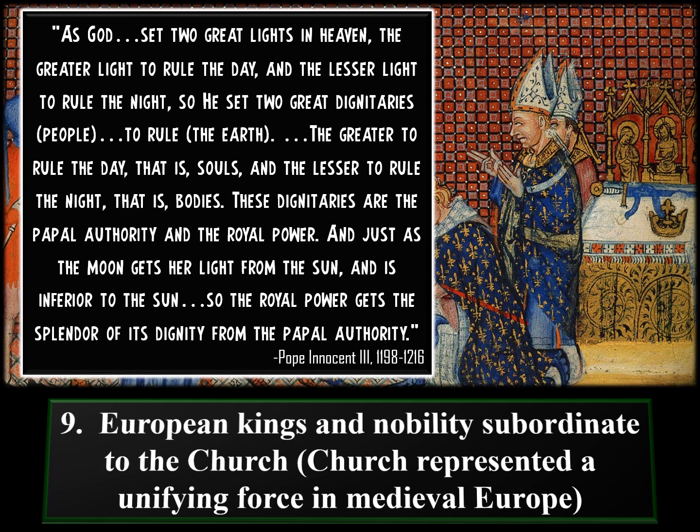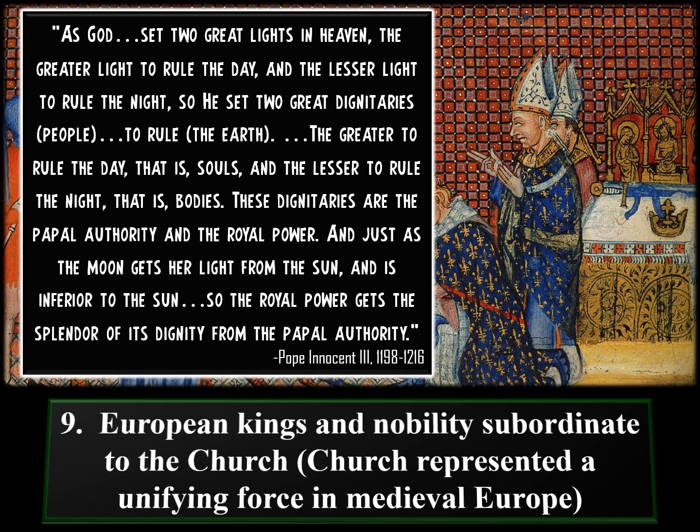And Pope Innocent writes, "As God set 2 great lights in heaven, the greater light to rule the day, and the lesser light to rule the night, so he set 2 great dignitaries, people, to rule the earth. The greater to rule the day, that is, souls, and the lesser to rule the night, that is, bodies. These dignitaries are the papal authority and the royal powers.